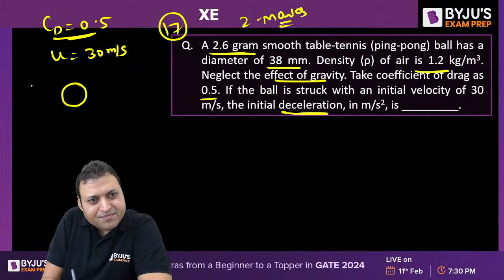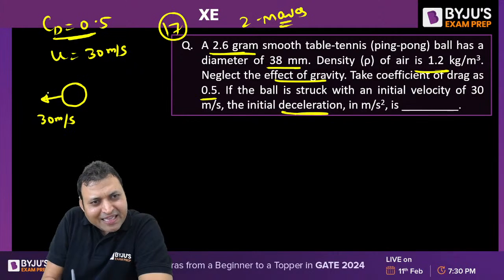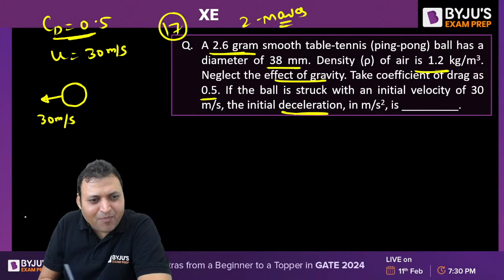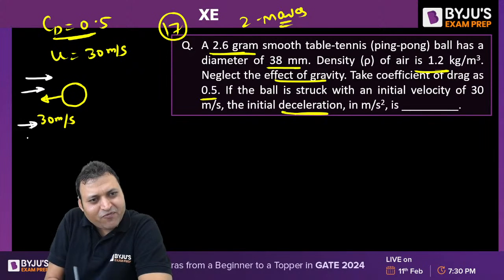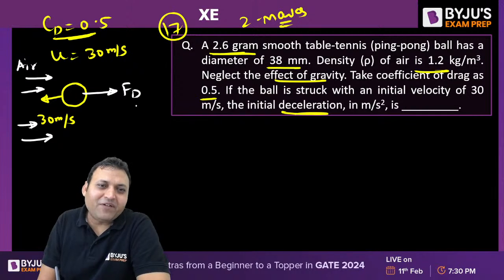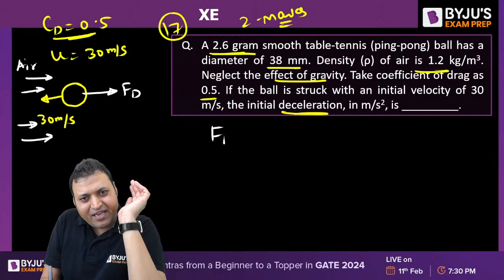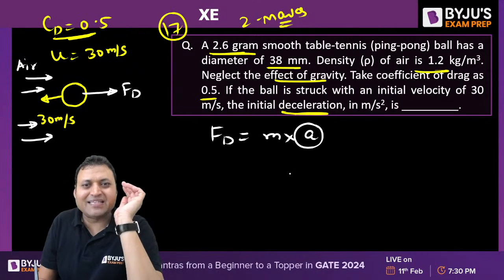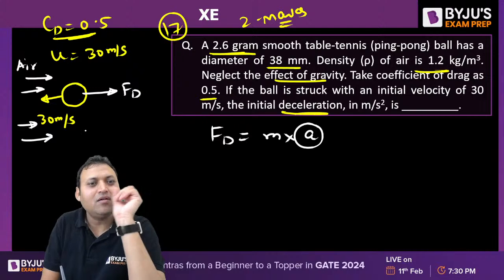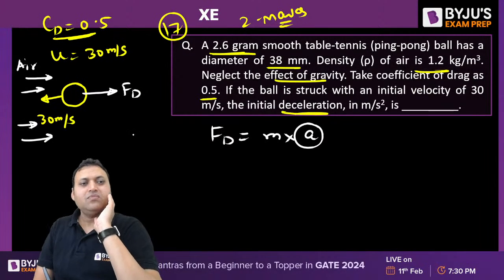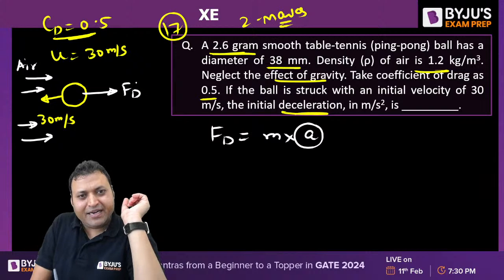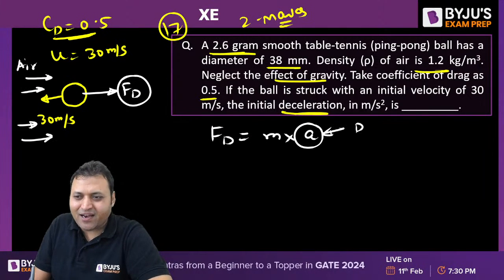This is the ping pong ball. If the ball is moving with 30 meter per second, then the drag force by air will act in the direction opposite to the motion. So air will exert a drag force like this. So FD is equal to minus MA, isn't it? That is the deceleration, because drag force opposes the motion.